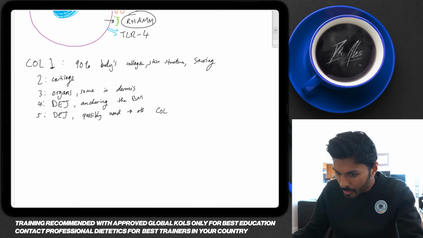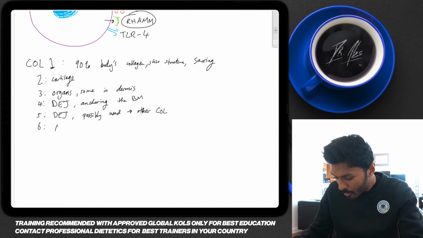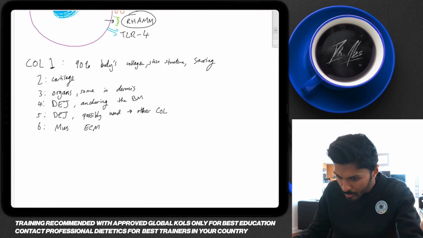Other types of collagen. Collagen type 6, that's an interesting one. It's really only found in the muscle ECM.